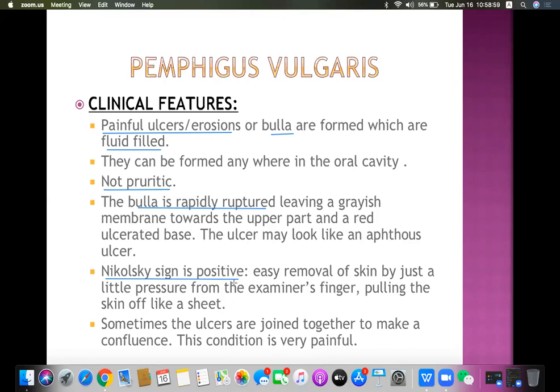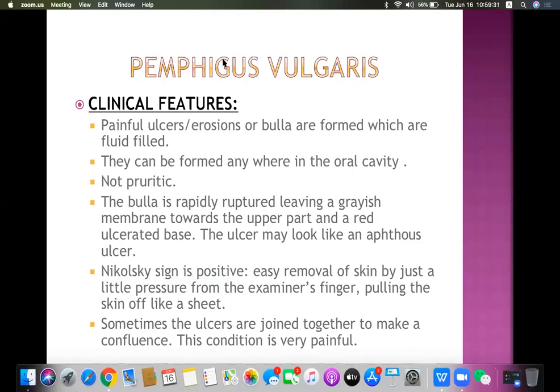And this Nikolsky sign is also positive in staphylococcal scalded skin syndrome, which you have learned before. It is also present in some other conditions. Sometimes the multiple ulcers are fused with each other and form a bigger ulcer, and this condition is very painful. Of course, a big ulcer is there, it is quite painful condition. So these are some of the clinical features of Pemphigus vulgaris.